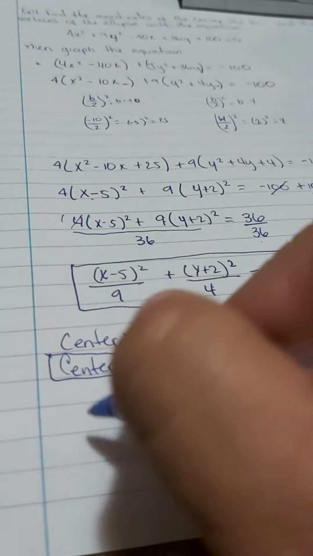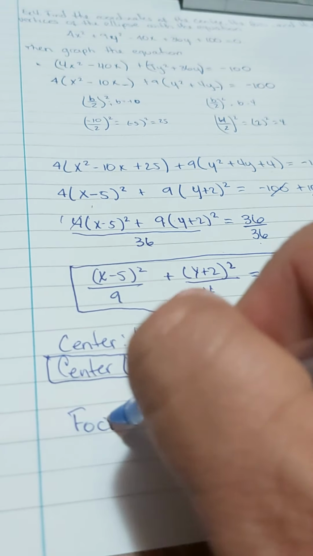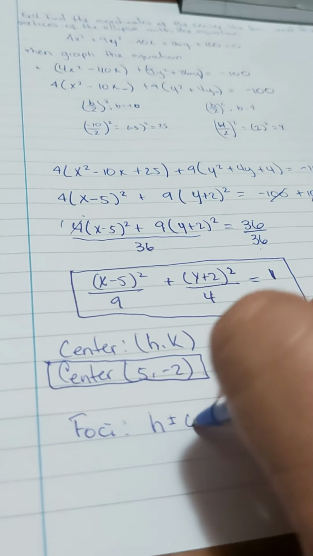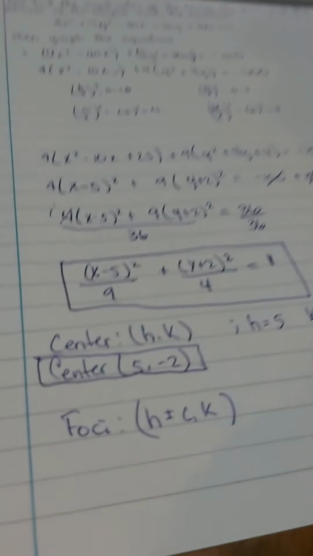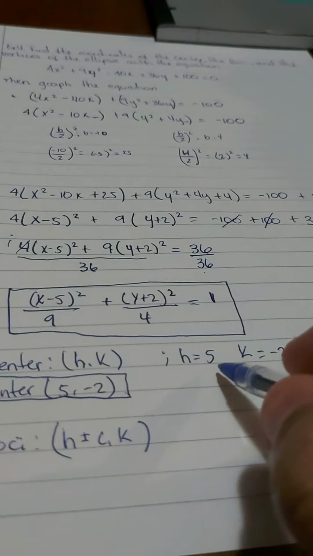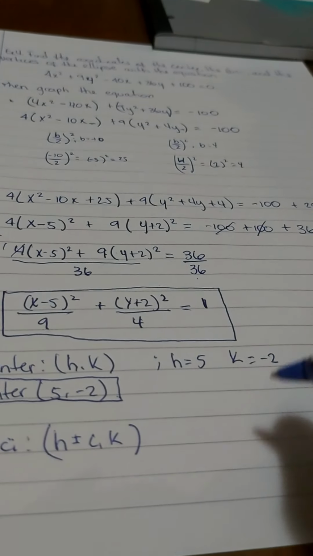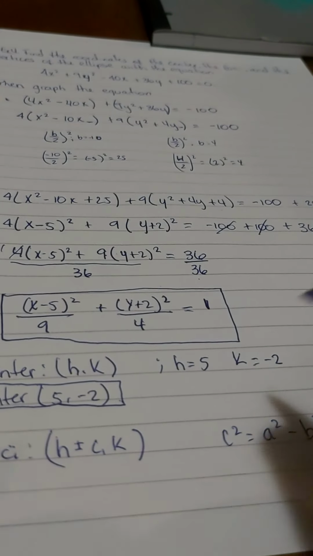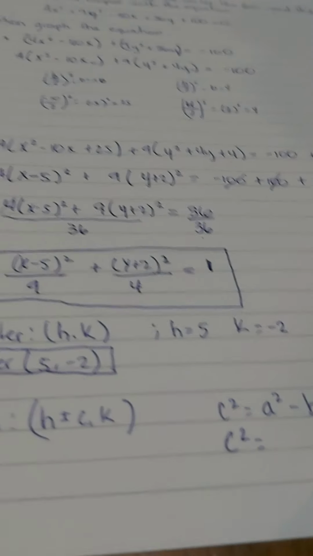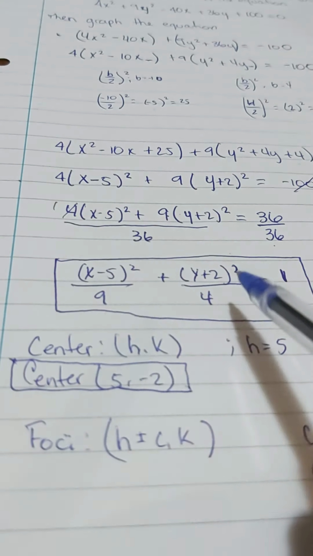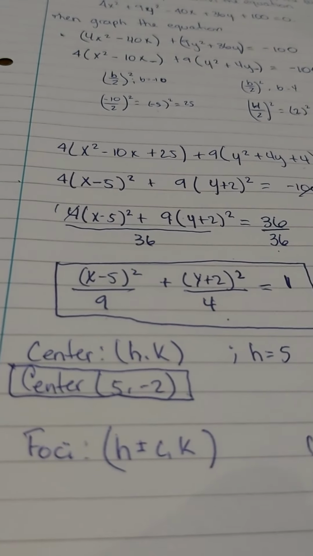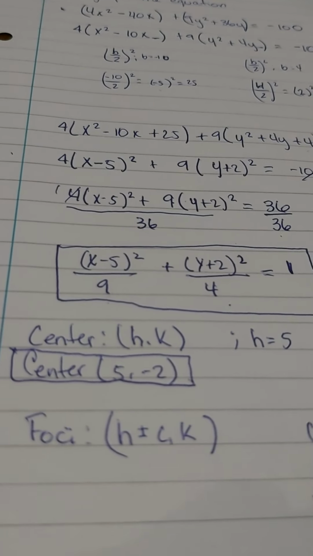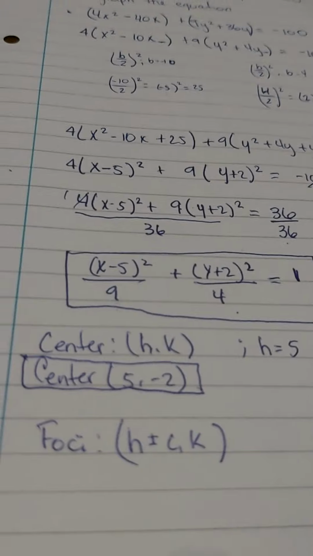Now, foci. Foci will be h plus minus c, k. We know the values of h and k, so now we have to find c. We know that c squared equals a squared minus b squared. C squared equals 9 minus 4. C squared equals 5. Find the square root. C equals square root of 5.